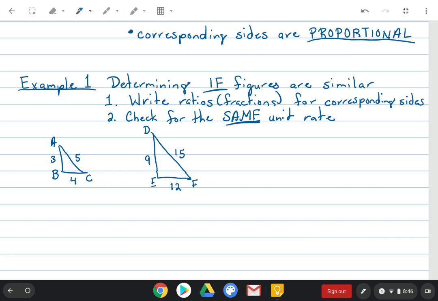And then my last triangle, I'm going to put side lengths of 5, 6.5, and 8.